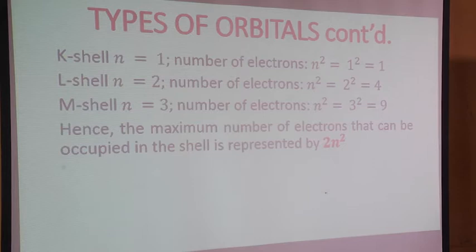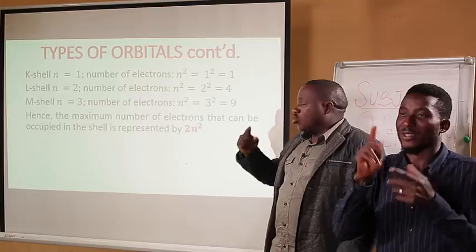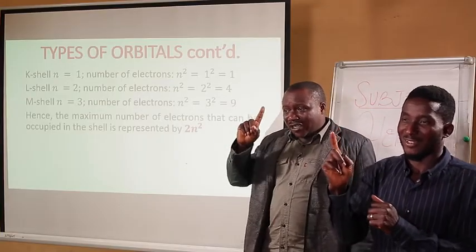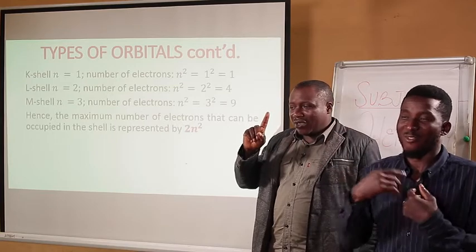If n is 1, it therefore means that n squared will be 1 times 1, which is equal to 1. No wonder under the first shell, the K shell, we only have 1 orbital, only 1 room, in other words.